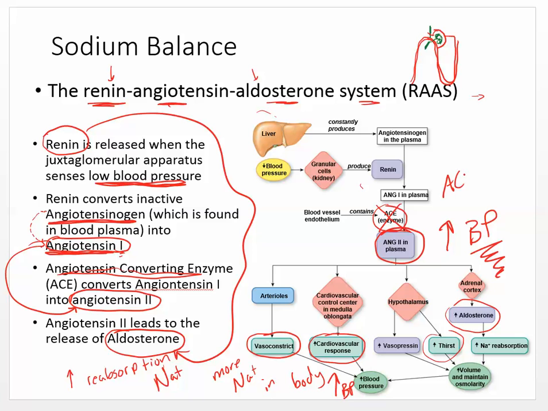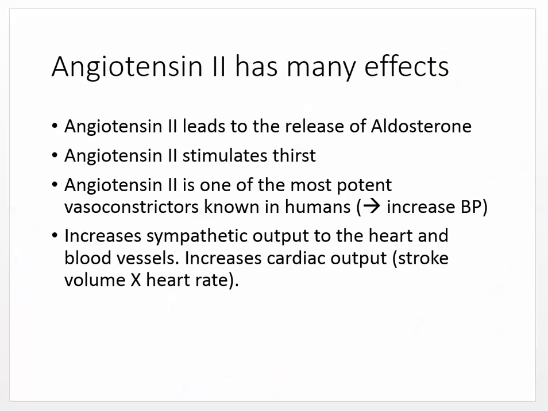They are called ACE inhibitors, because angiotensin converting enzyme is shortened to ACE. So ACE converts angiotensin 1 into angiotensin 2. If you block ACE, you block angiotensin 2, which means you block aldosterone and you block this other thing, vasopressin, that we're getting ready to talk about.